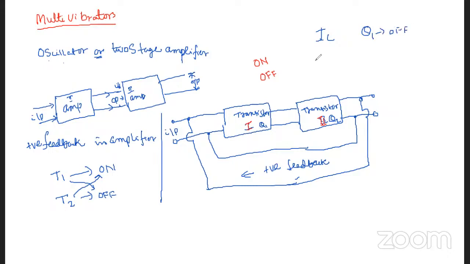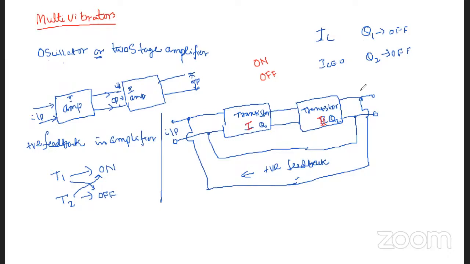After that, Q2 becomes off. So first Q1 is off, and then Q2 is off. Whenever Q2 becomes off, the current ICEO will flow for a period through Q1. During this period, Q1 will remain on.